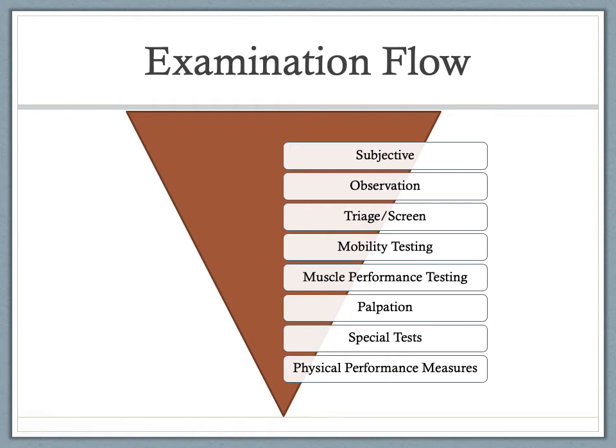Going through mobility testing, her active, passive, her passive physiological motion, her PAs and UPAs were all negative and not painful at all. Her muscle strength was good. Going through palpation, and sorry, let me back up for a second.